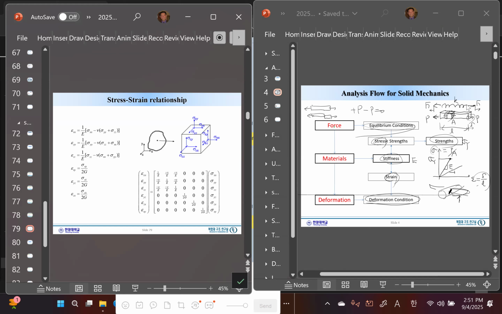It is very much the same as the spring. F and x, how can we relate? K is the one we relate. That's the very simple external case. But exactly the same concept is happening, or should exist, inside the material.